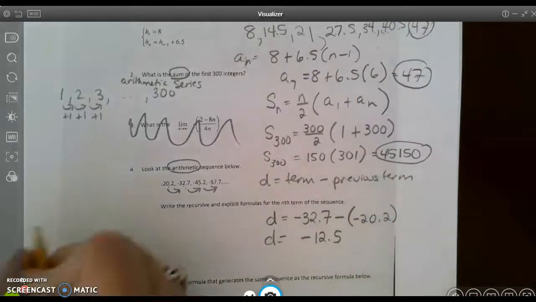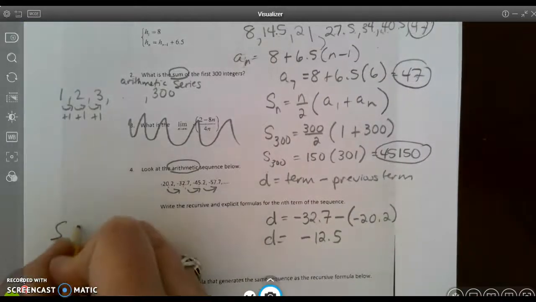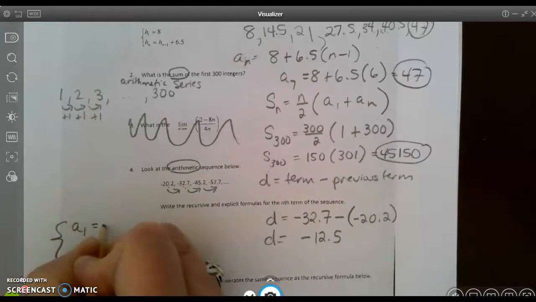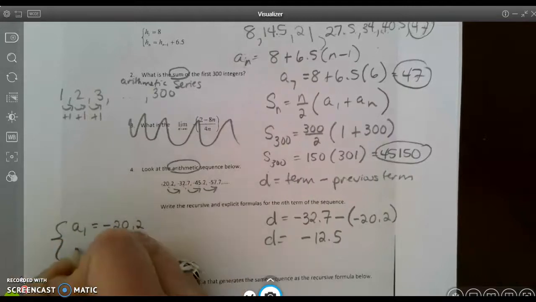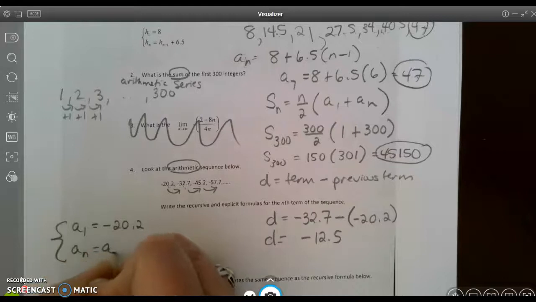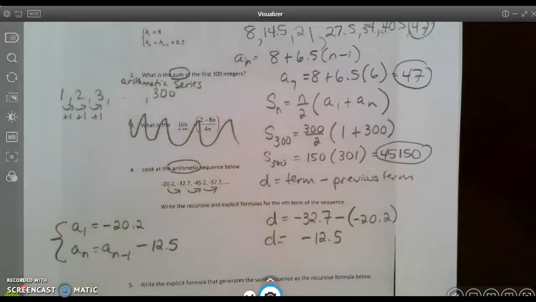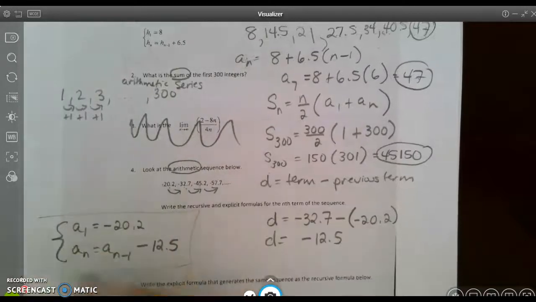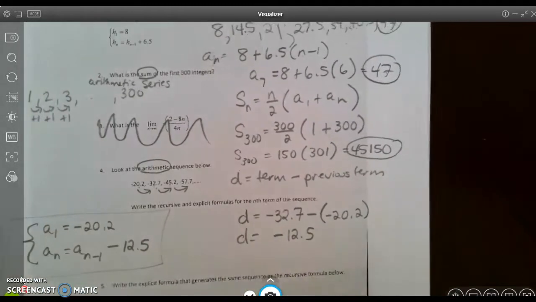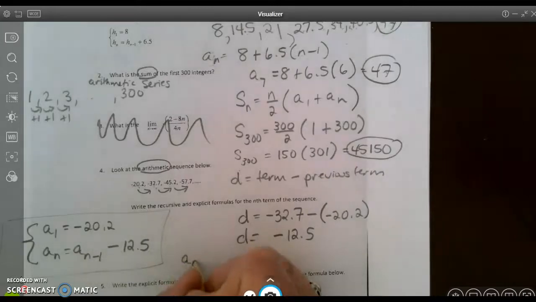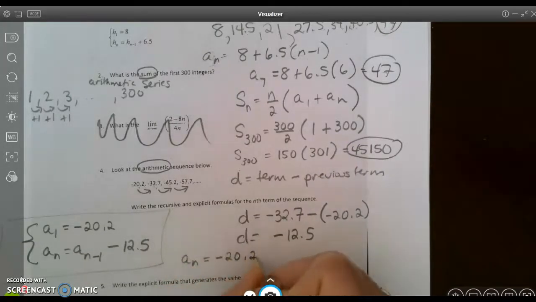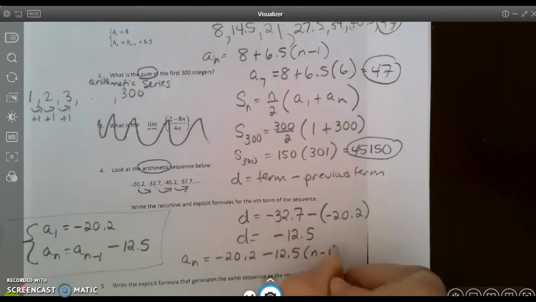So recursively, the first term is negative 20.2, and you find the nth term by taking the previous term and subtracting 12.5. That is my recursive. My explicit would be a sub n is the first term, negative 20.2 minus 12.5 times n minus 1.